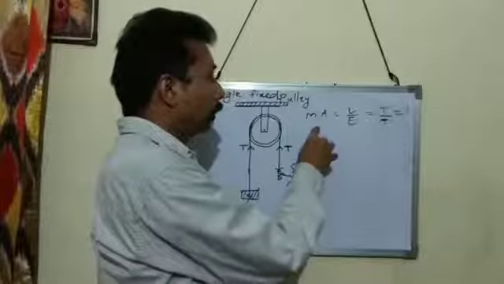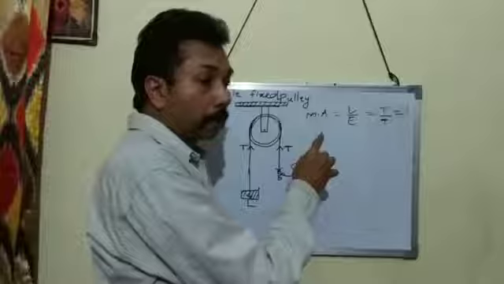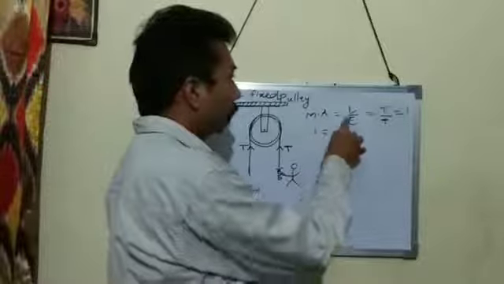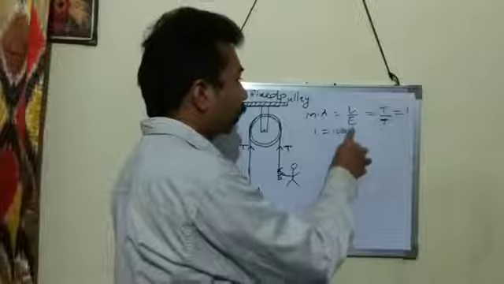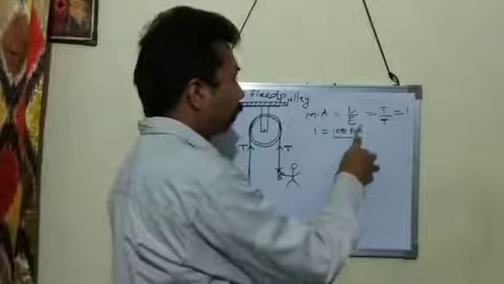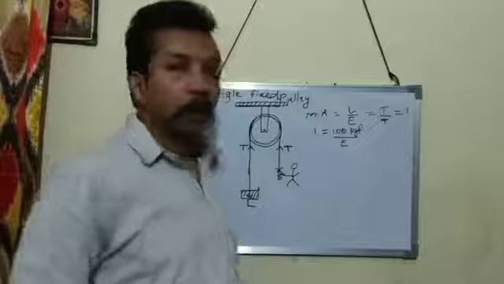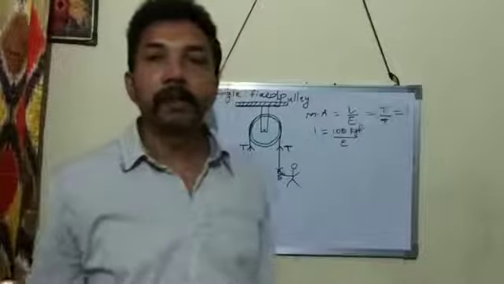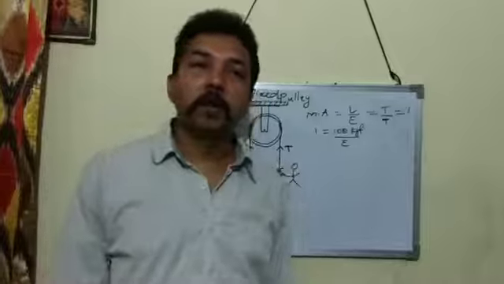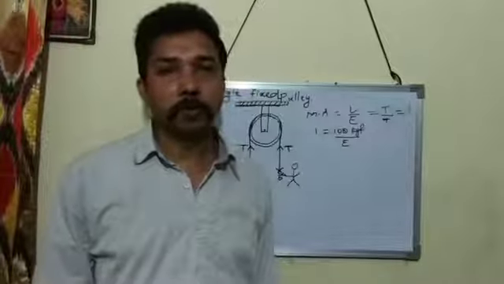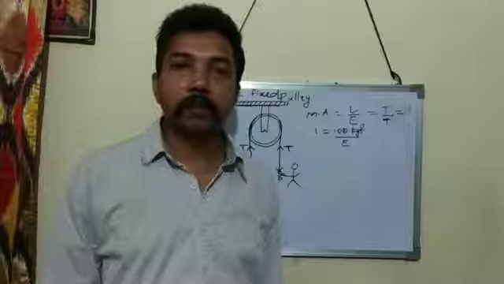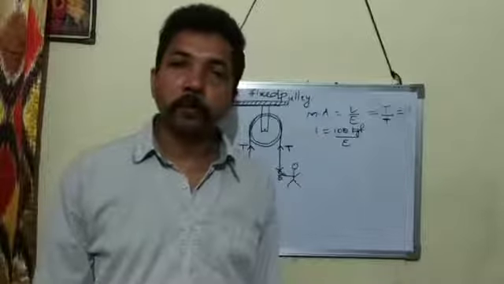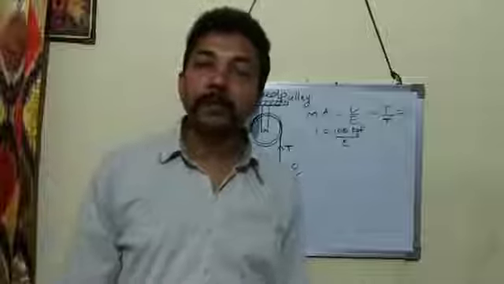In the case of a single fixed pulley, mechanical advantage is equal to 1, so 1 equals 100 kgf upon effort. When we solve it, we get effort as 100 kgf. So there is no gain in force. It does not act as a force multiplier.